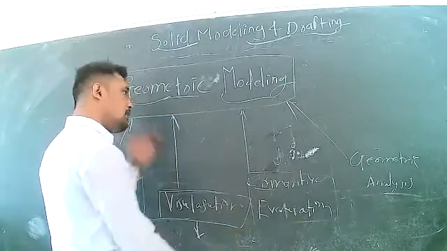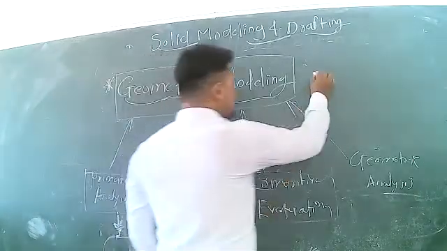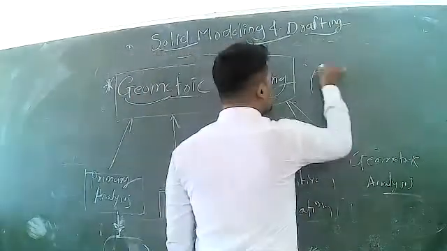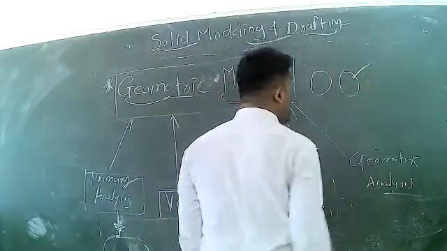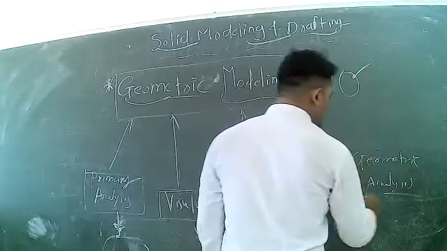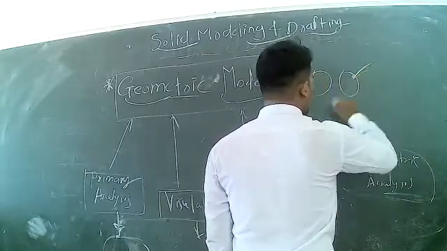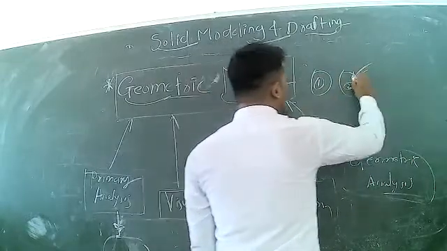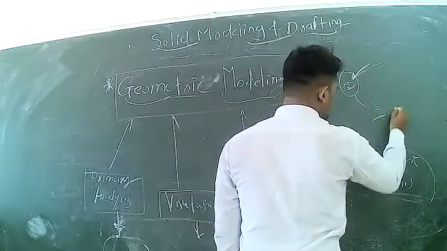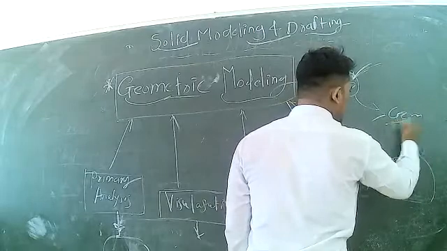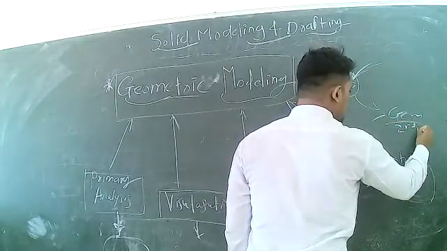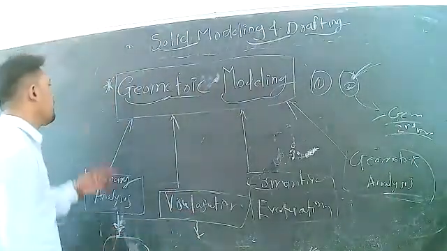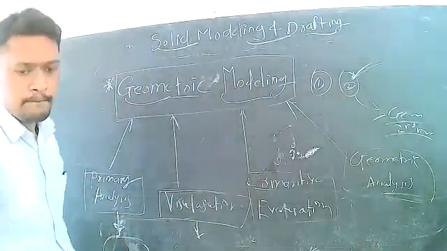Comparative evaluation means we have to compare the two final parts or the two final geometries. After that, we select one of the geometry or one of the solution. After that, the geometrical analysis. After we select this part, this is first, this is second. If we select the second part, then we have to do geometrical analysis on the second part. Okay, these are all the steps we are seeing in geometrical modeling.